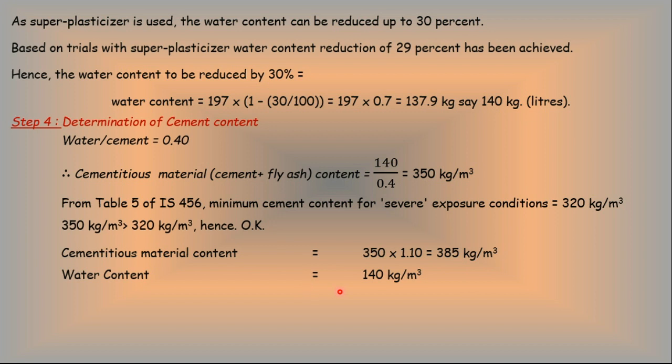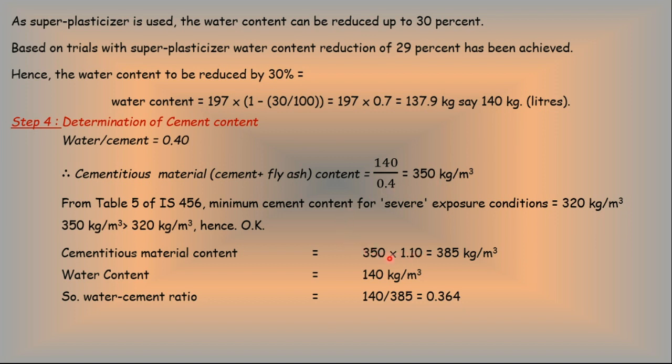Water content will be 140 kg per meter cube. Now the water to cement ratio will become 140 divided by 385, which comes out to be 0.364, whereas the water cement ratio we had considered is 0.4, which had a cementitious material of 350.